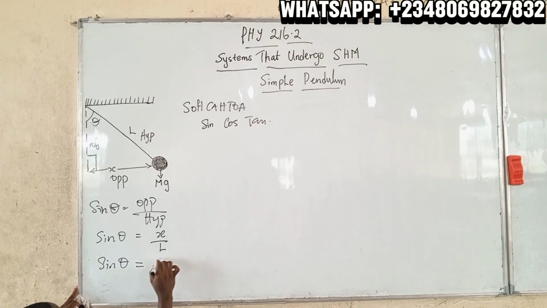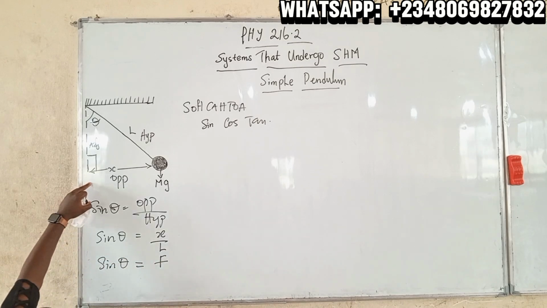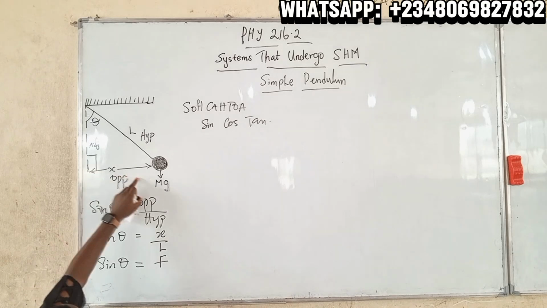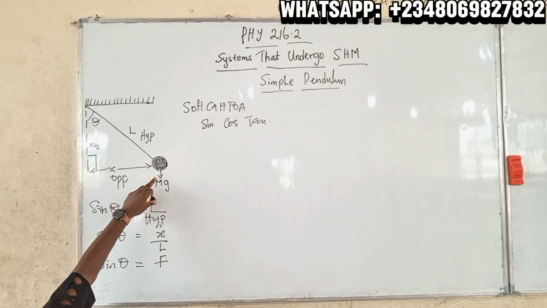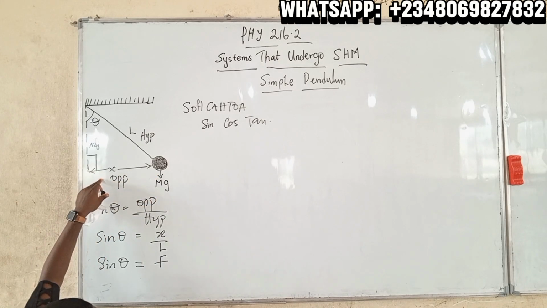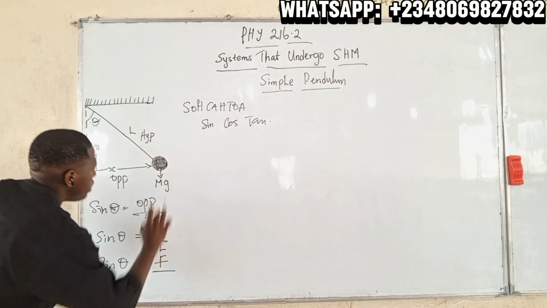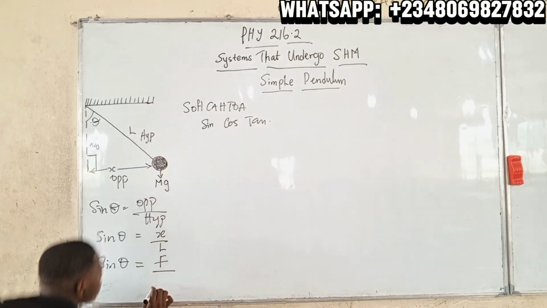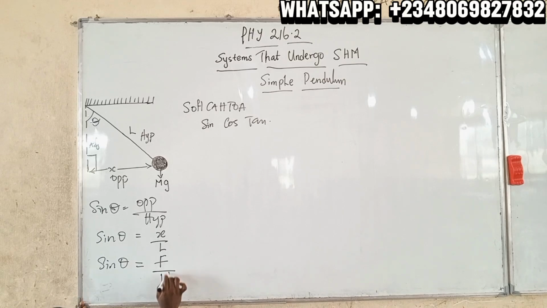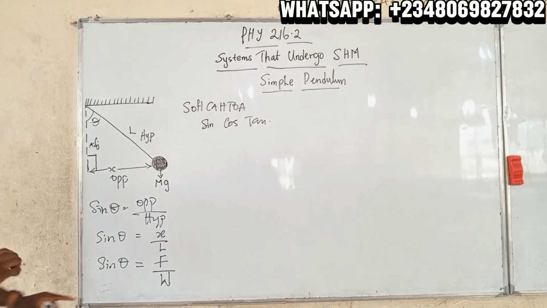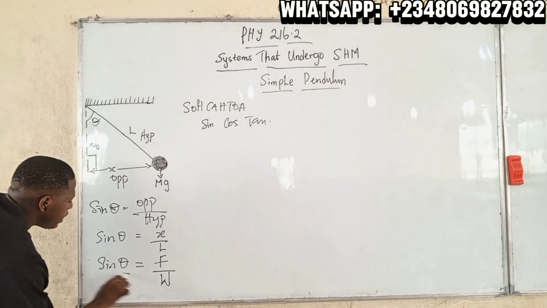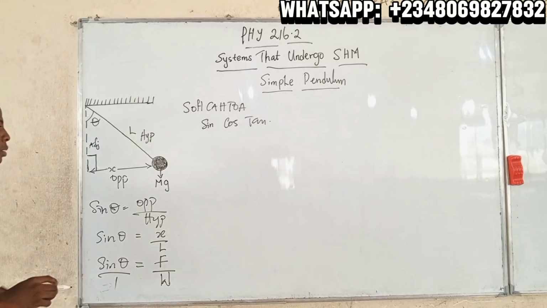So basically, when we are talking about the experiment, your sine theta is the force which was applied to move this pendulum to this particular displacement, divided by the weight of the pendulum. Now, we can say this is over 1 and we cross multiply.